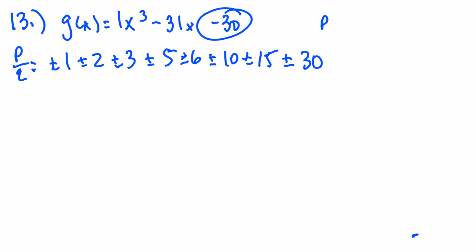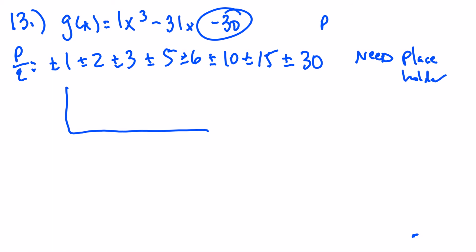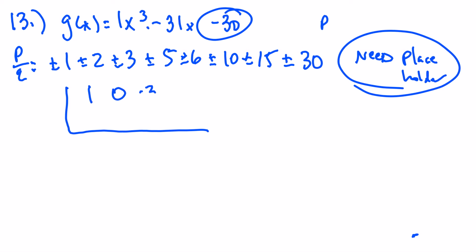Alright. Now, I'm going to put it into my box. I need a placeholder because there is no x squared. So I put 1, 0, negative 31, negative 30.